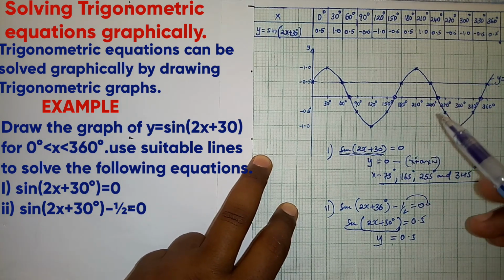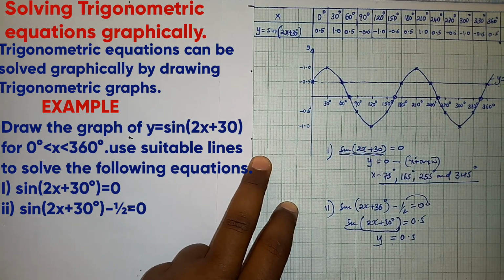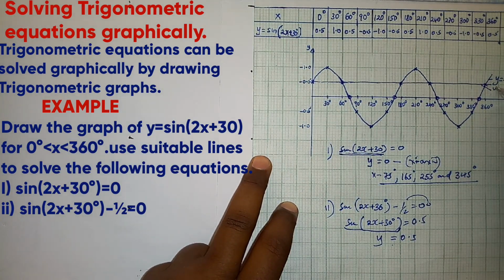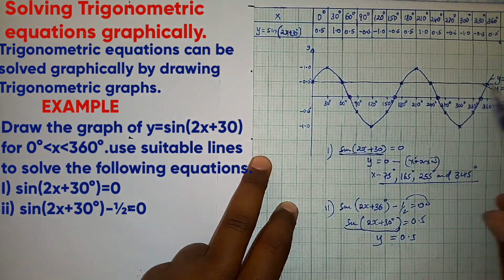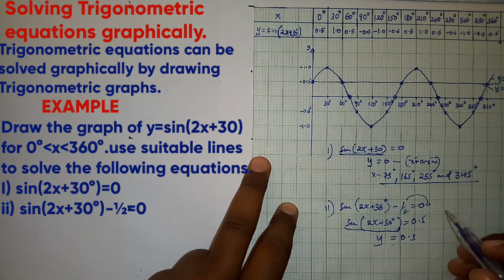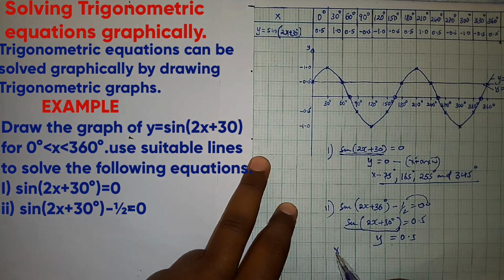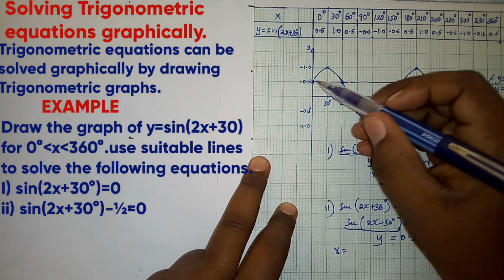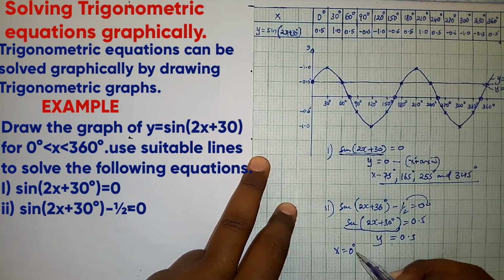So where the line cuts the curve, here we have this line, y equals 0.5. Where this line cuts the curve y equals sine(2x + 30) will be the solution for this equation. So the solution will be x. We'll start with the first value, which is 0 degrees.